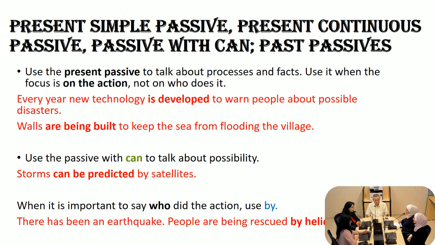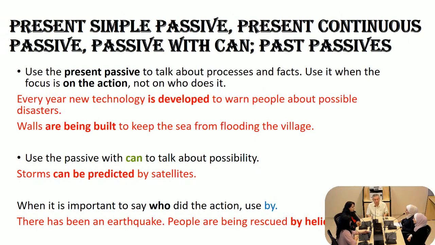For example, the first example in the present: Every year, new technology is developed to warn people about possible disasters. This is in the present, so we use verb to be and the verb three. Verb to be: am, is and are. Walls are being built.